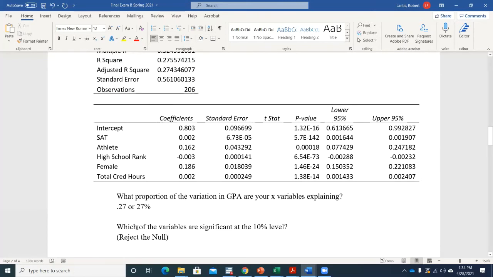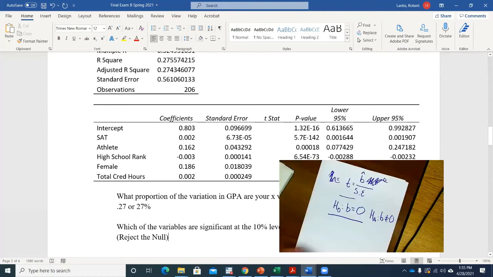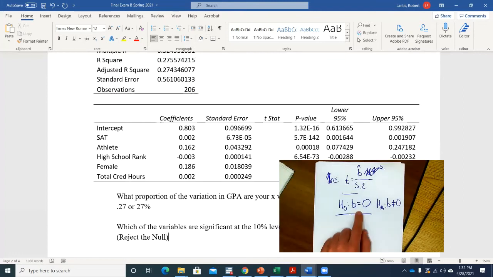Asking what variables are significant is the same as asking which variables you can reject the null for, because if we're rejecting the null, we're rejecting that there's no relationship. We reject that because we found evidence that there is a significant relationship, at least at the 10% level.